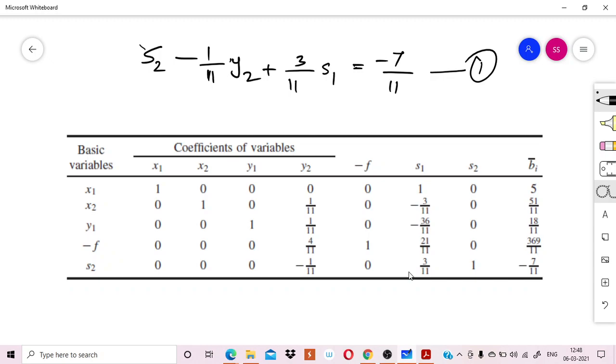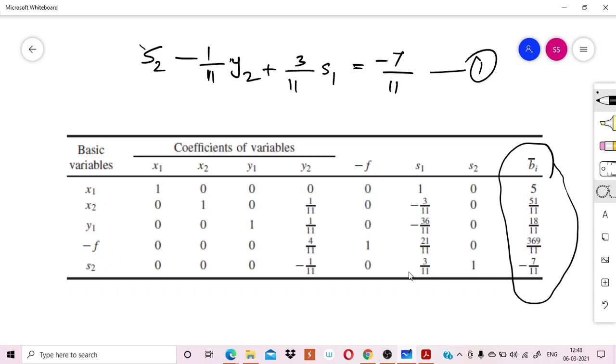Dual simplex method, if you apply, you have to first find the leaving variable. In order to find that, you have to check the bi column, the solution column, and you will notice that the most negative number in that column is minus 7 by 11, and that corresponds to the s2 row.